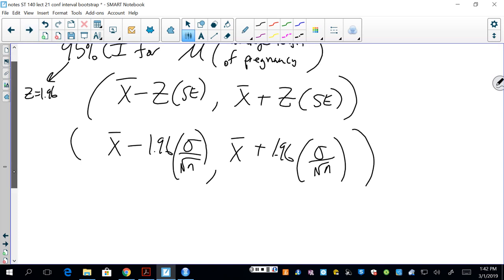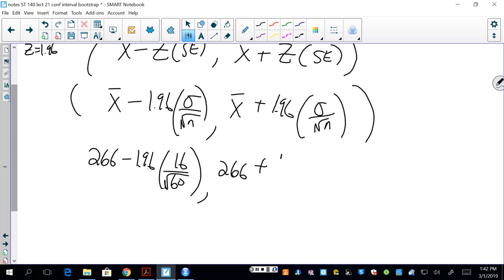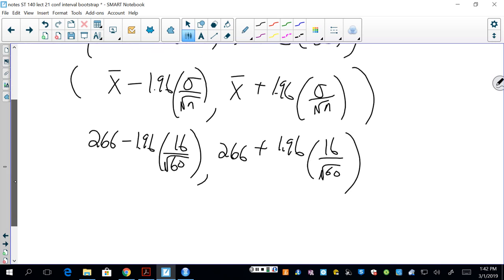All right. So if this was 266, if this was 16 over the square root of 60, because we have 60 women, and that went up to 266 plus 1.96 times 16 over the square root of 60, that is going to be our interval.